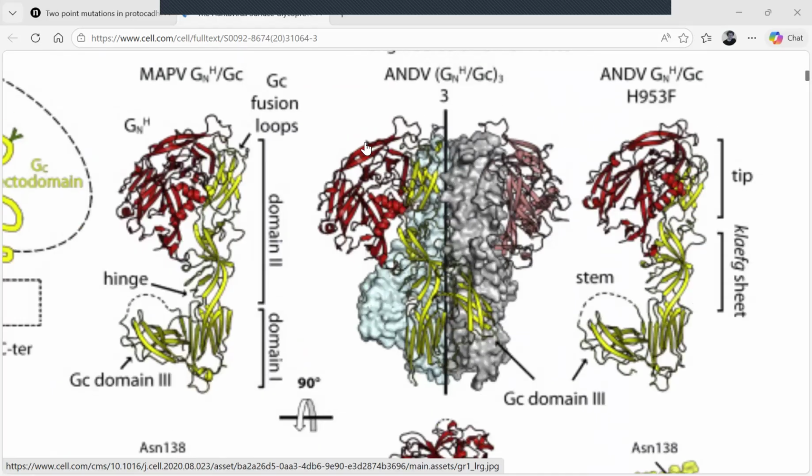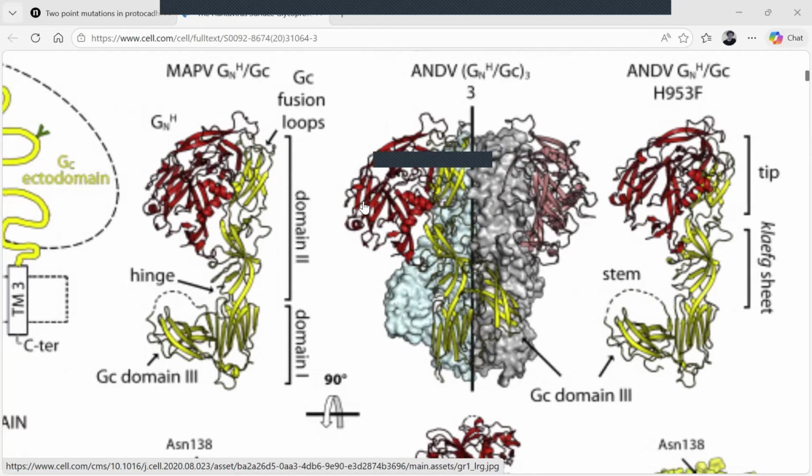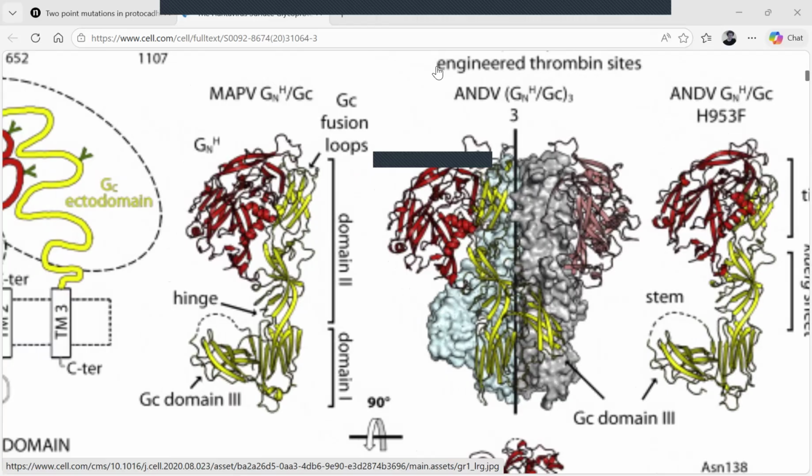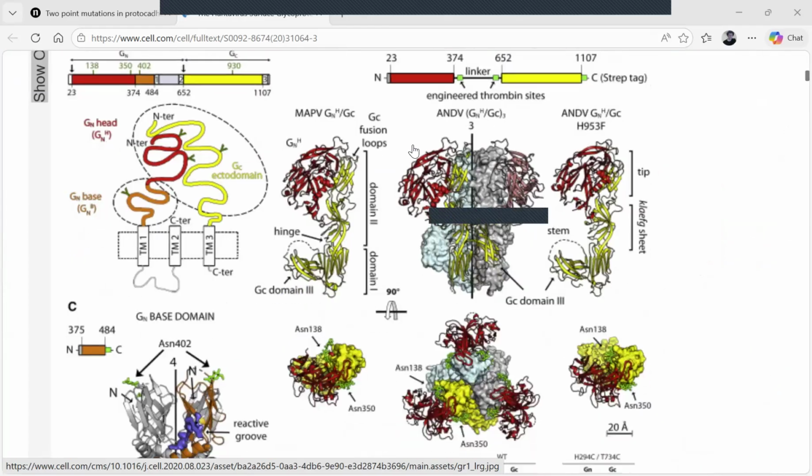Now, the attachment of this protocadherin, it's coming from this direction, and it would be attaching approximately right here or so.